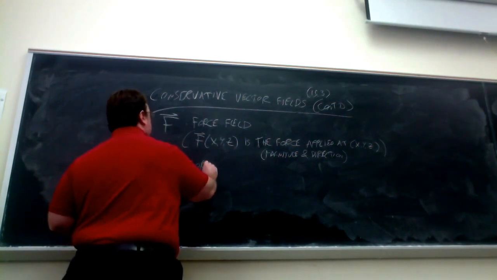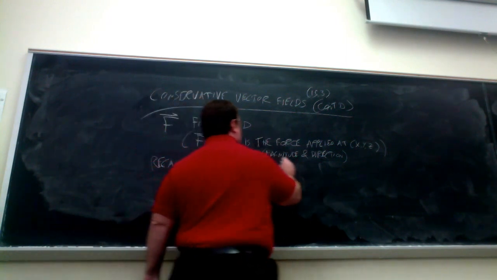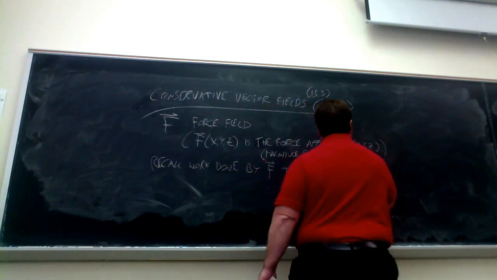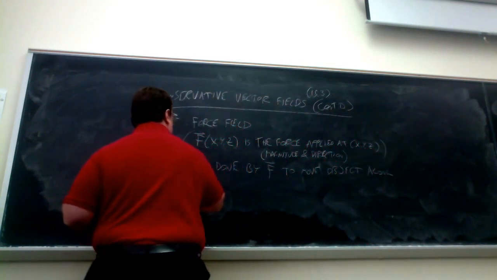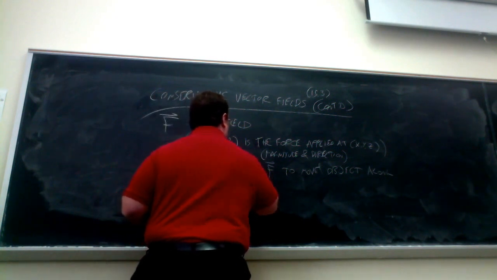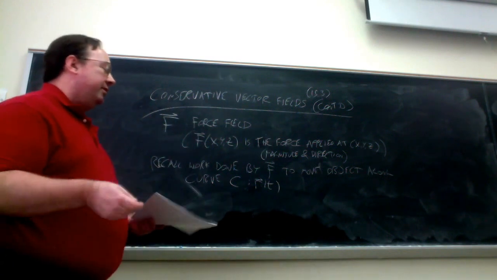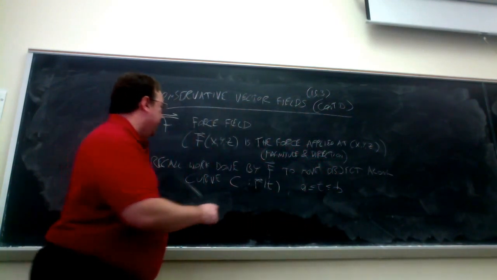Now, recall that the work done by this force field F to move an object along a curve C that has parametric equations R of t, your usual x of t, y of t, z of t, and t goes from a to b.